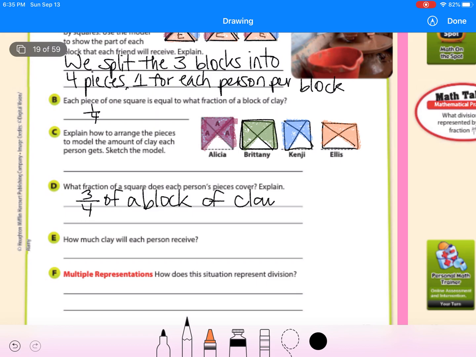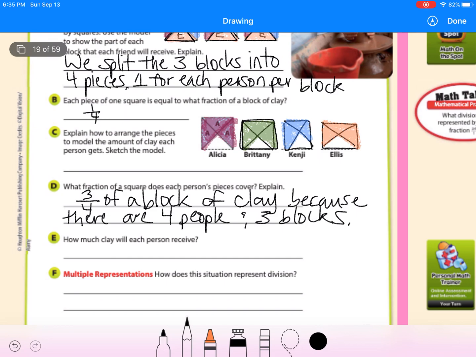Because there are 4 of them and 3 whole blocks, we couldn't add another block, so we had to split them into 4ths. And each person got a 4th from each block. And since there were 3 blocks, they got 3/4. How much clay will each person receive? 3/4 a block.